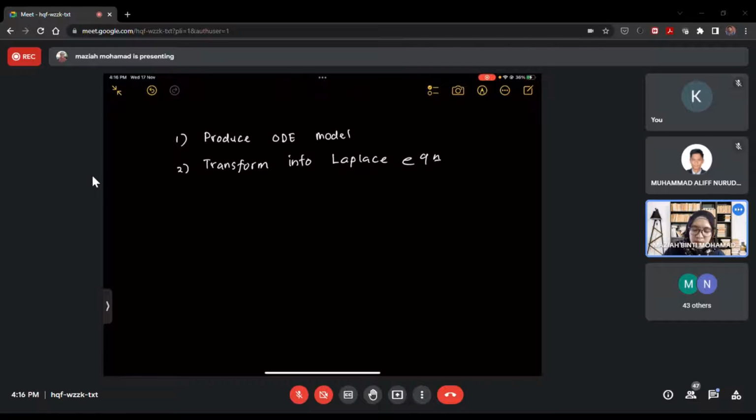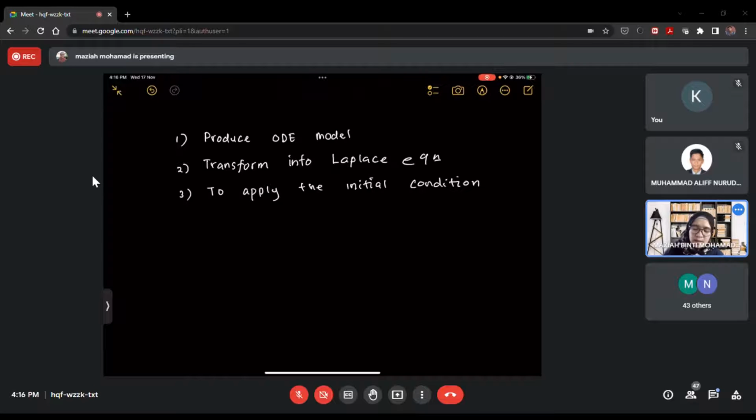The third one is to apply the initial conditions. If there are any initial conditions or parameters, we're going to apply them into the Laplace equation.